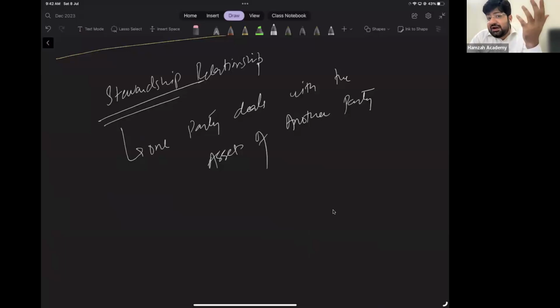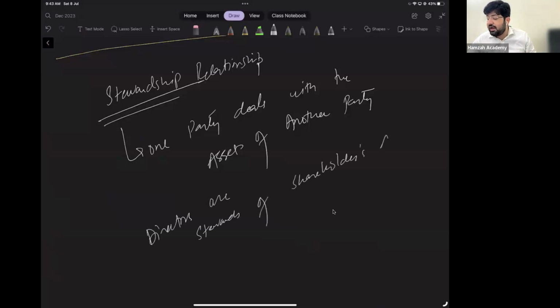And at the year end, they have to give report to the shareholders. Now, so directors are stewards of shareholders' assets. Yes. Now, next, let us proceed further.